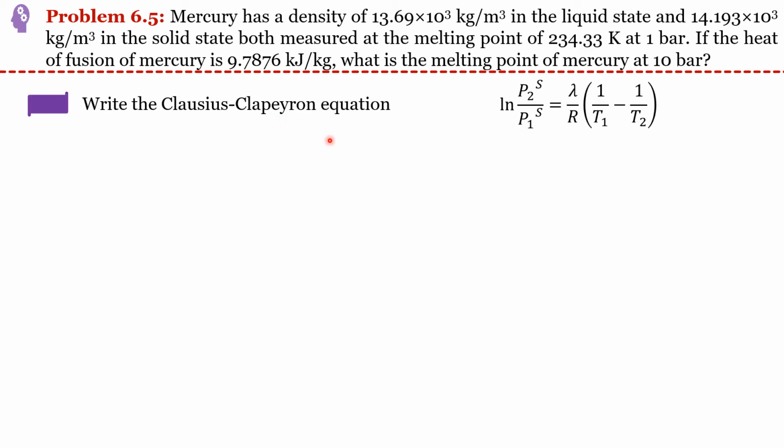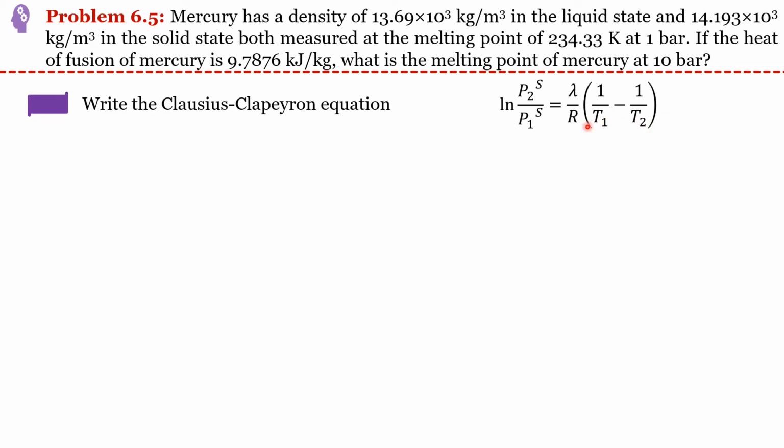In this equation, a liquid is converted from the liquid phase to the vapor phase, and in the vapor phase we assume that the ideal gas law is valid. Only then can we use this equation.